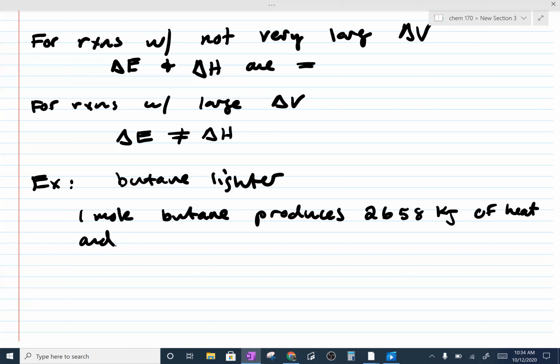So this is a gas-producing reaction. You're expanding that gas against the atmosphere. Therefore, you're doing work. There is a change in volume associated with this reaction. And the work is equal to 3 kilojoules of work. So 3 kilojoules of work are being performed on the surroundings.